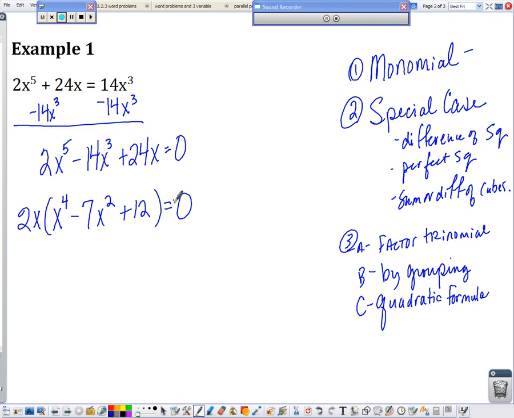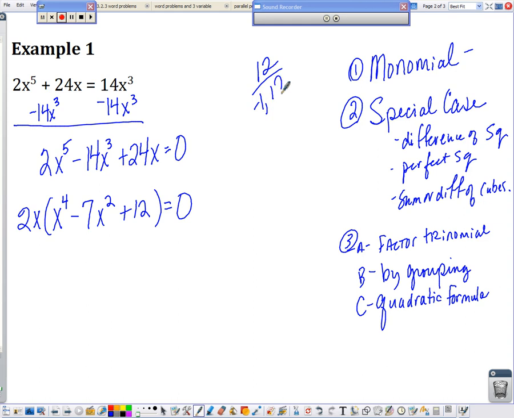We can't lose that. Now I notice that I have a special case trinomial. Since the leading coefficient is a 1, I can simply look for the factors of 12 that add up to negative 7. Anytime I have a trinomial, I can do that. We'll deal with the x to the 4th in just a moment.